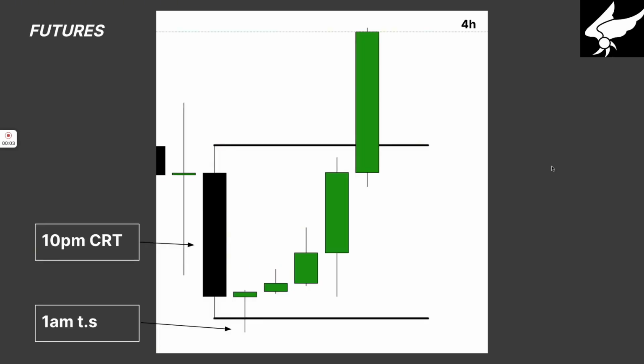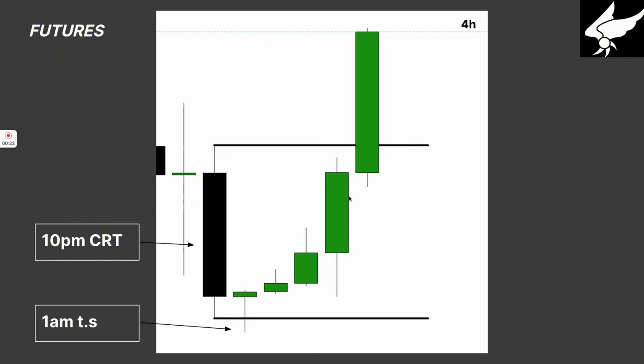Exactly what happened here. Let's take a look at a futures example. On a 4-hour chart, you can see at 10 p.m. we formed the CRT range, and at 1 a.m. we turtle souped, then distributing to the opposing end of the range.